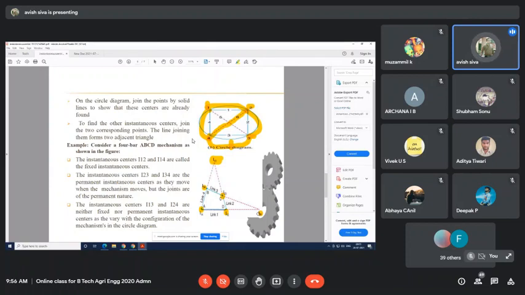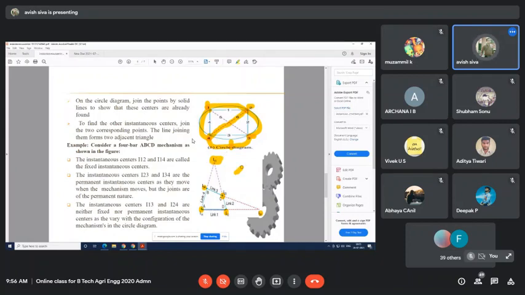So the first time when you see it, you will think, oh, this is the method. The next time when you start solving, there is no need to draw the circle diagram. Whenever you see a 4-bar mechanism, you will get the concept. When you extend these two lines, you will get I24, and when you extend these two lines, you will get I13.